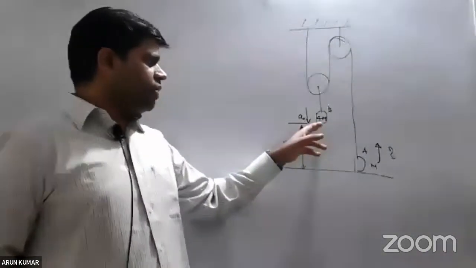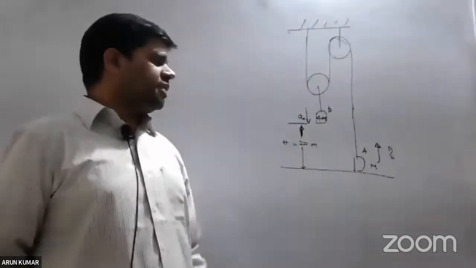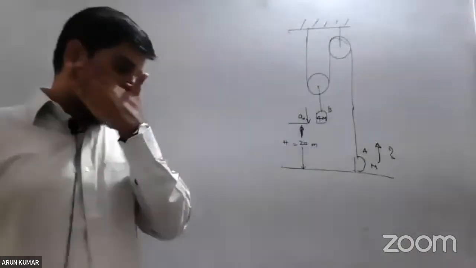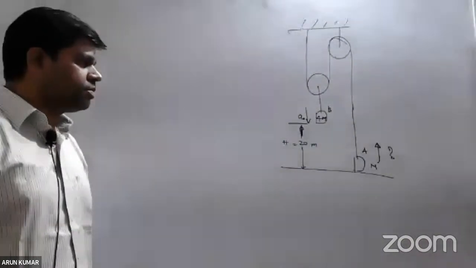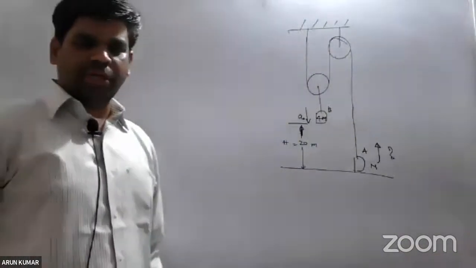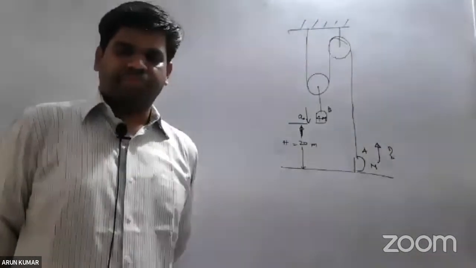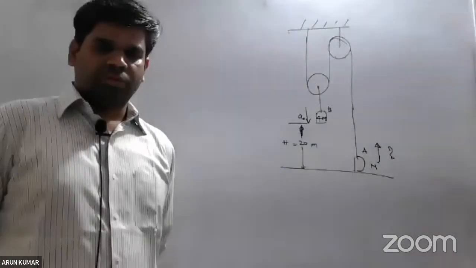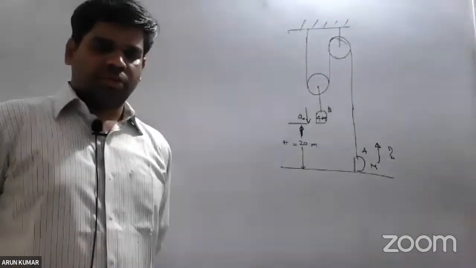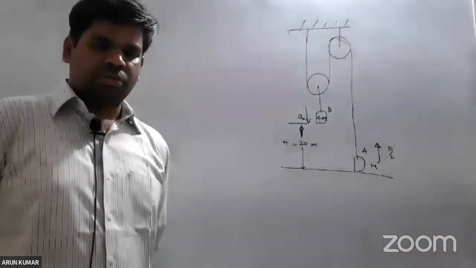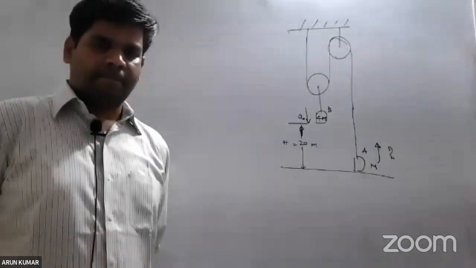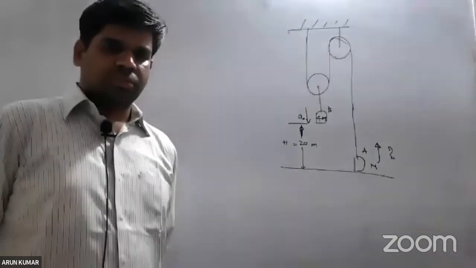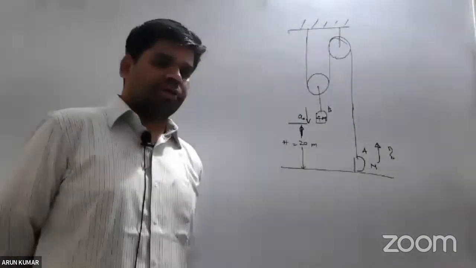No, B is coming down with a naught. So A will go up with an acceleration definitely different from a naught. So is it 2a naught or a naught by 2? You're confused, you tell me what it is. It is either a naught by 2 or 2a naught.